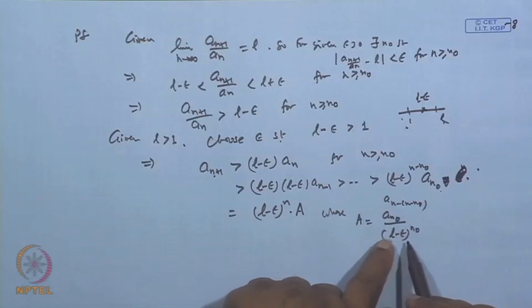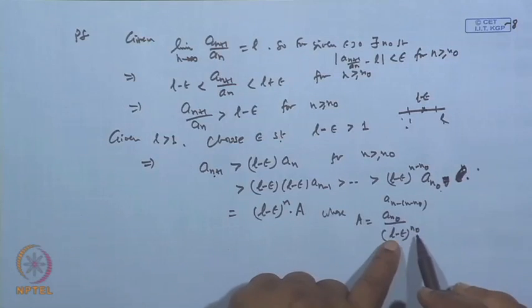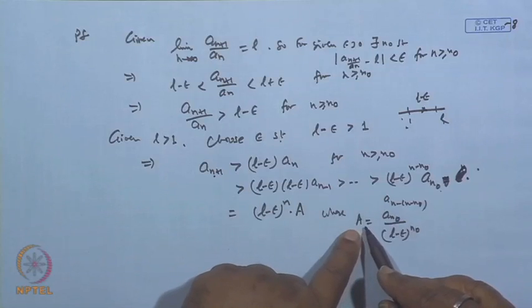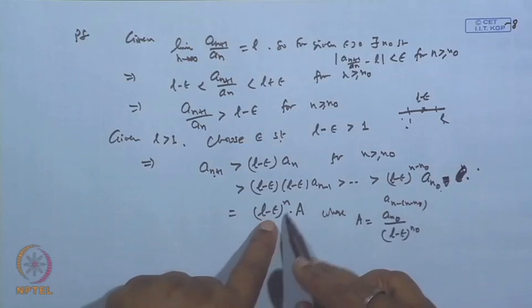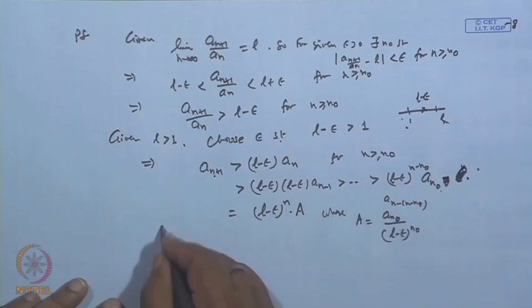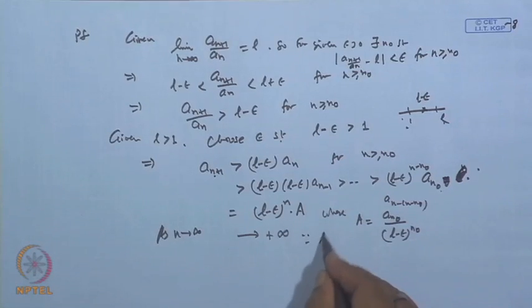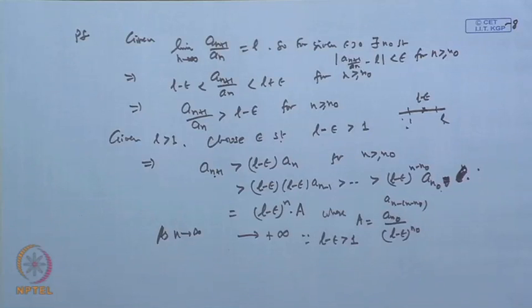So, L minus epsilon is fixed, n naught is fixed, a n naught is fixed. So, A is fixed. Now, as n tends to infinity, what happened? This keeps on increasing. So, this limit will go to plus infinity, because L minus epsilon is strictly greater than 1.